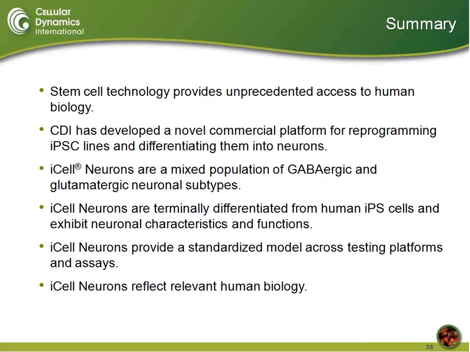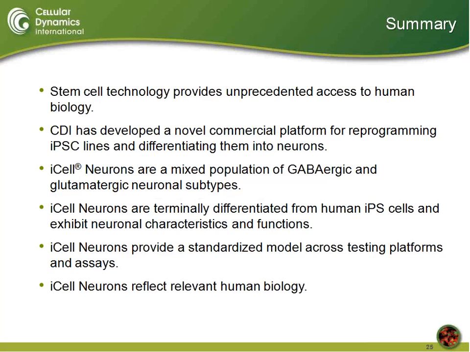Now, to summarize, we've shown that stem cell technologies provide an unprecedented access to human biology. Again, we are able to generate iPS cell lines and terminal cell types from really any tissue source. We've developed a novel commercial platform for reprogramming these lines and differentiating them into neurons. Our iCell neuron product is a mixed population of GABAergic and glutamatergic neuronal subtypes.